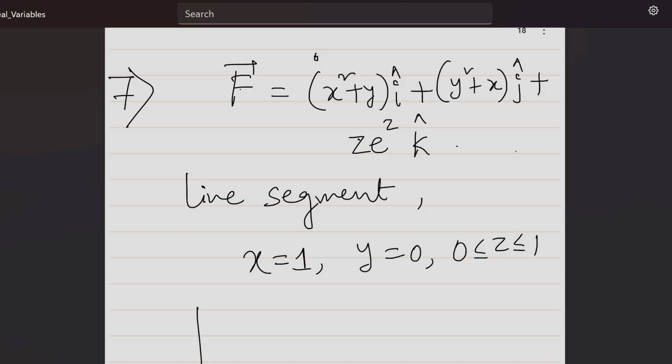So in the x, y, z plane, x equal to 1 means it is parallel to the y axis, right? y equal to 0 means the x axis, and z running from 0 to 1. So here to here. If you visualize this graph, then it is okay.